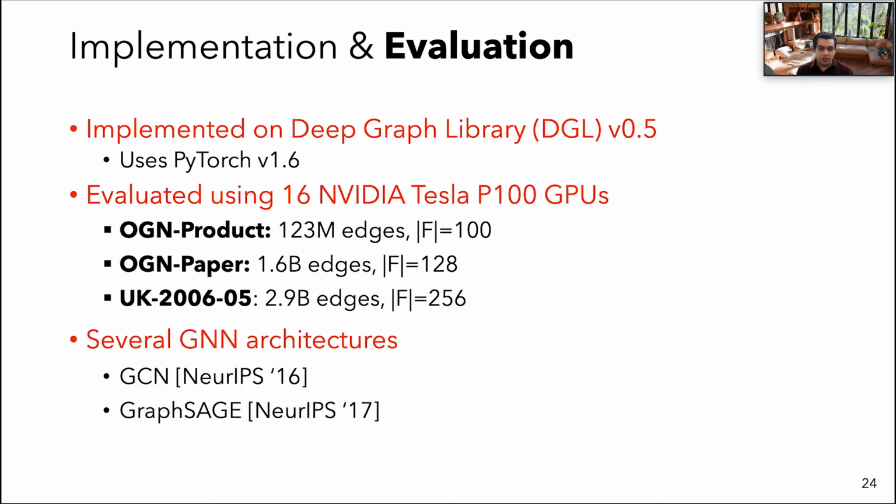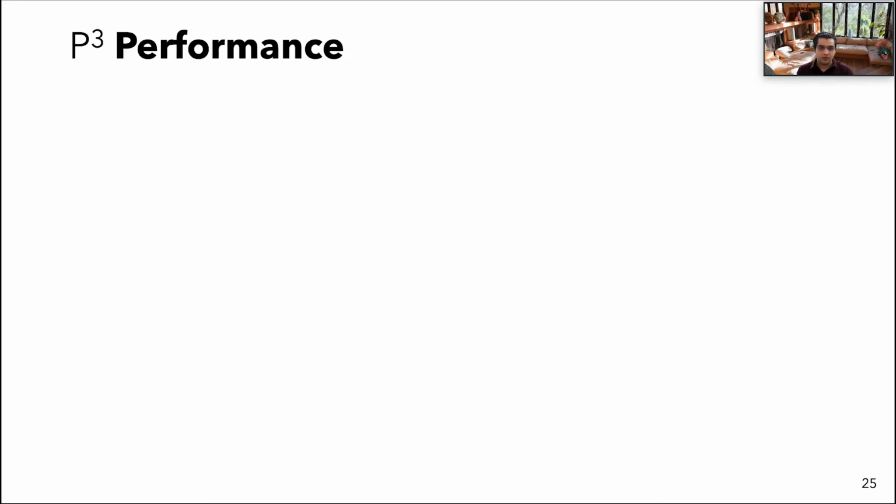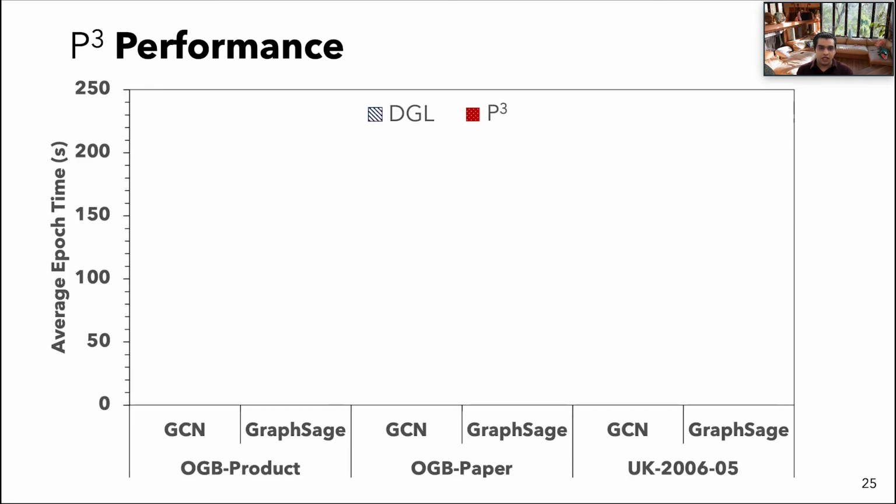In the next few minutes, I will provide an overview of some of the results that show the efficacy of P-cube's design choices. First, we show the performance of P-cube on different GNN architectures and input graphs. The x-axis shows the input graphs ordered by size, so as we go to the right, the size of the graph increases.